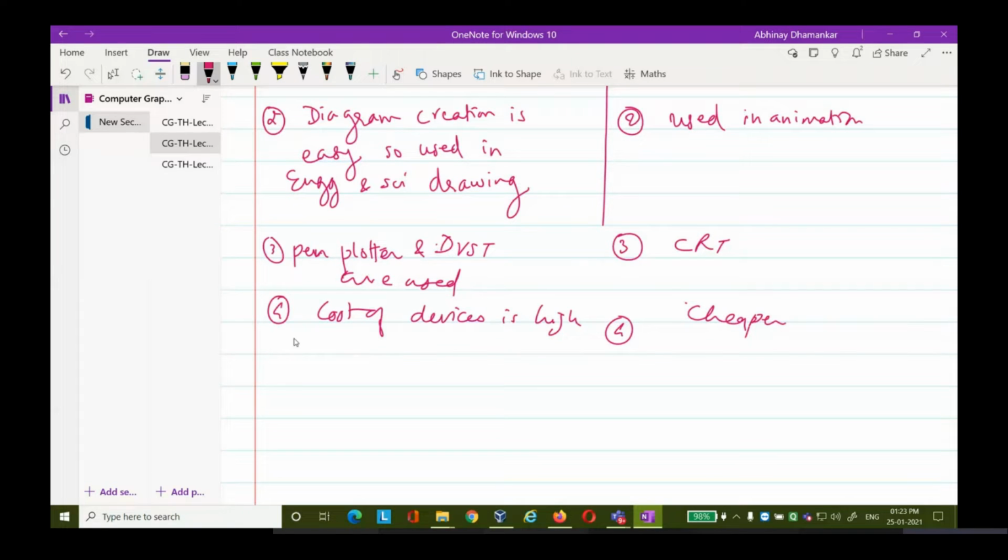Then the fifth point: write down that it requires less memory, whereas raster scan requires more memory.